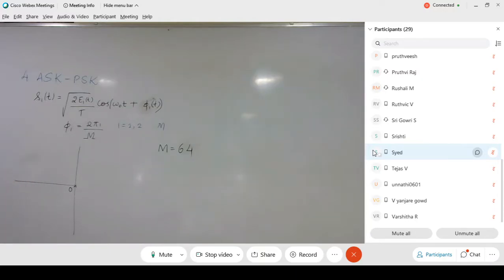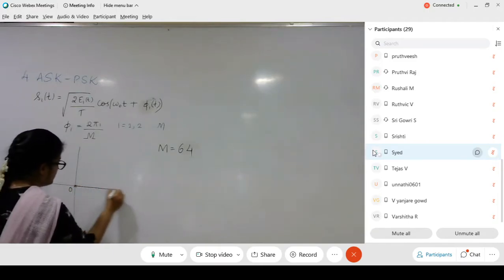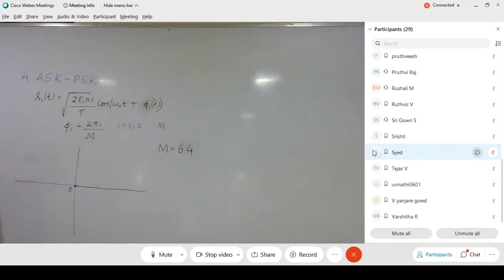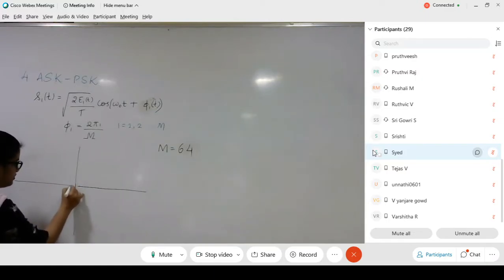So we are going to take the help of phase in order to differentiate between one symbol and the other. Phase extends from 0 to 2 pi.